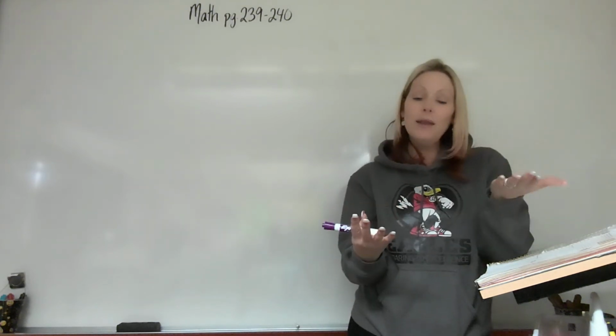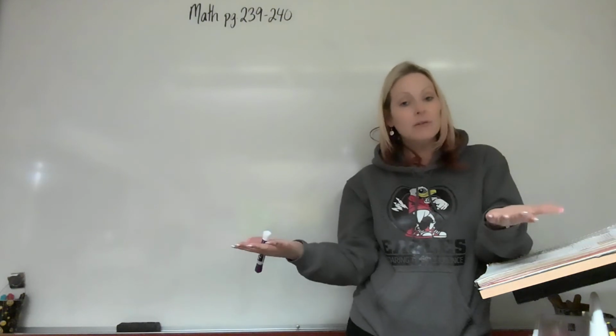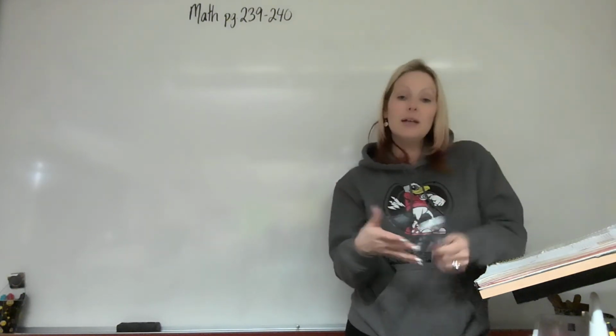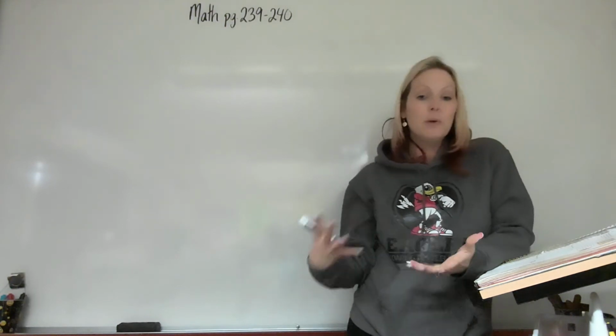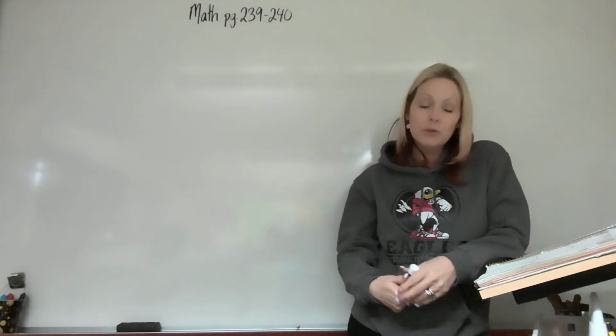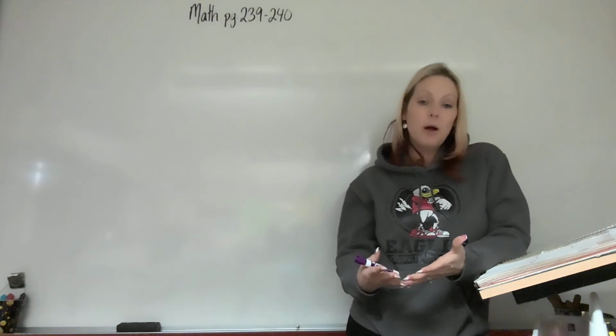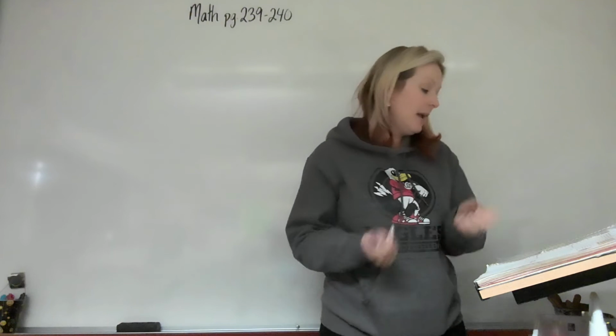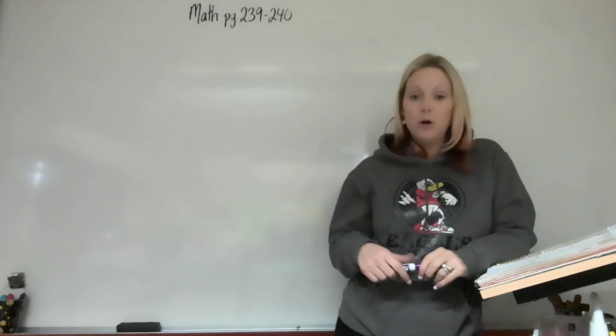So if I only had one 5, I would have half of a 10. That's finding a part of a whole. That's the same exact thing you're going to be doing here with a little bit more detail in these word problems. So I'm going to do these word problems with you on finding a part of a whole, and then we're going to let you guys do some on your own.